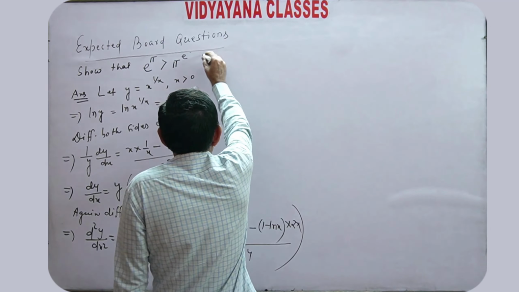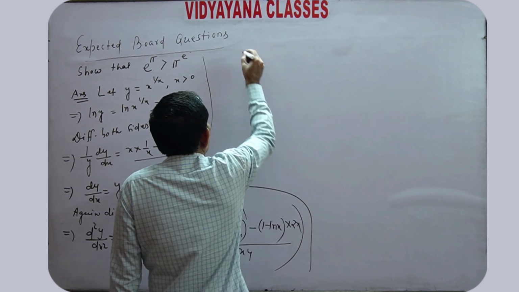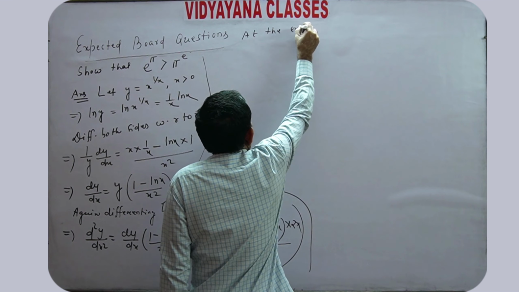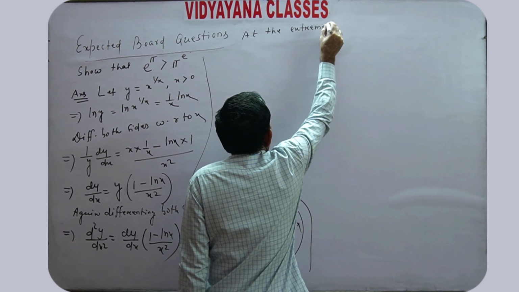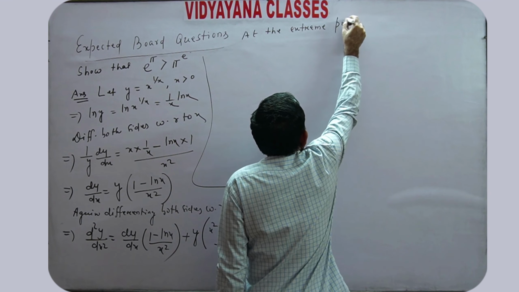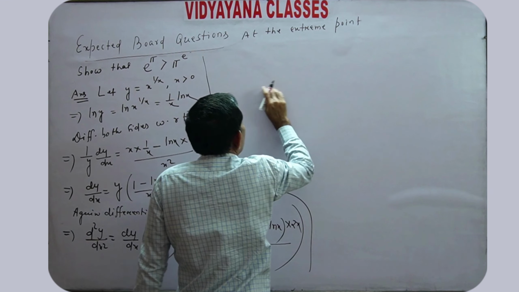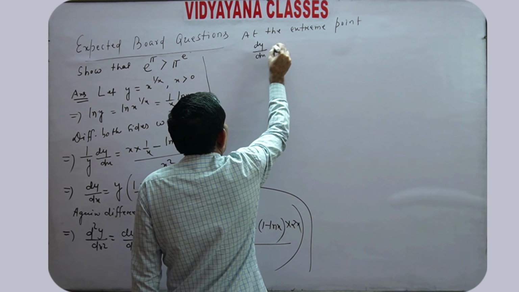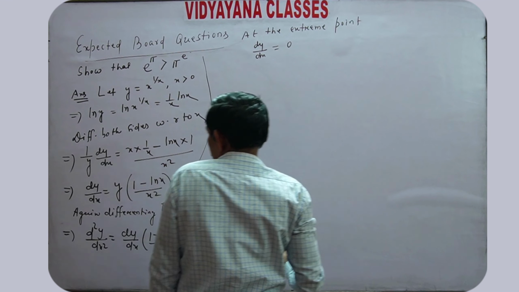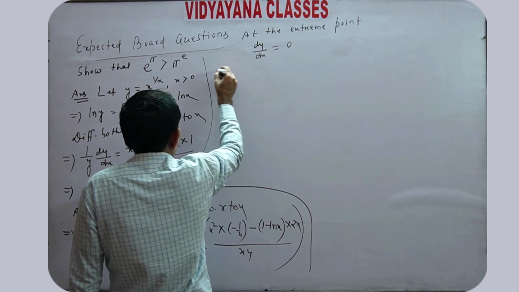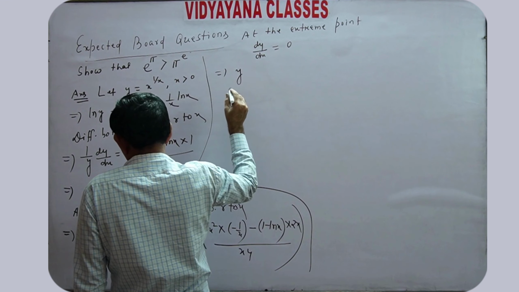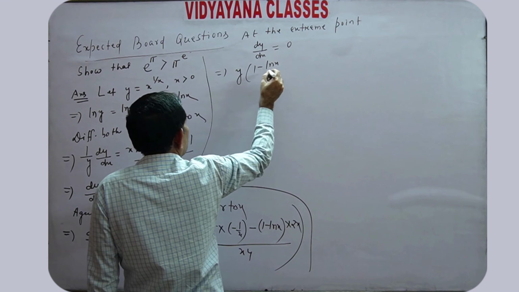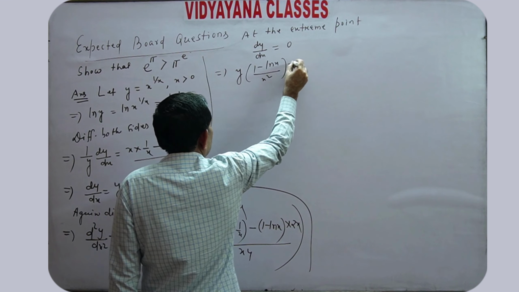At the extreme point, dy by dx is equal to 0. dy by dx is given by y into (1 minus ln x) divided by x square, equal to 0.